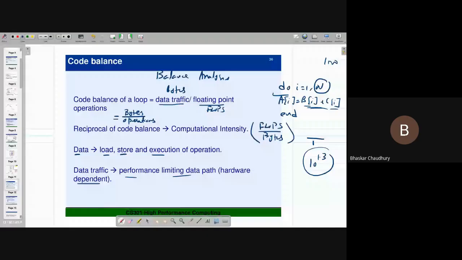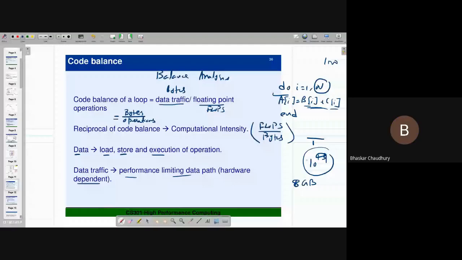The moment you are talking about 10 to the power 13, you can imagine what is the size of your B and C. Even if your n is say 10 to the power 9, each of these arrays is of size, let's say 8 bytes each, so that's like 8 GB each array. So basically you're dealing with a 24 GB problem, the size of the data structure. This part is clear to all of you, right?